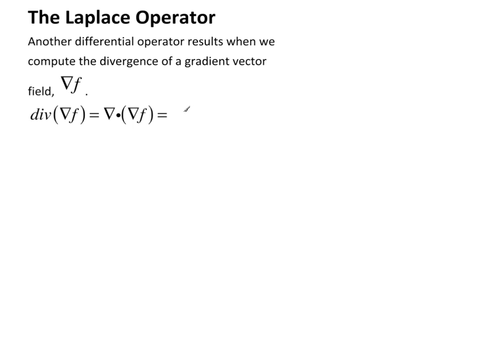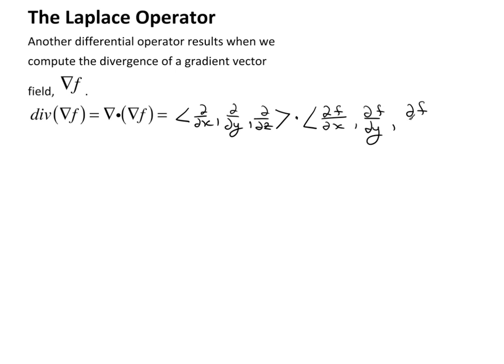So when I look at this, this is going to be the partial with respect to x, the partial with respect to y, the partial with respect to z, dot the gradient of f, which is the partial of f with respect to x, the partial of f with respect to y, the partial of f with respect to z.